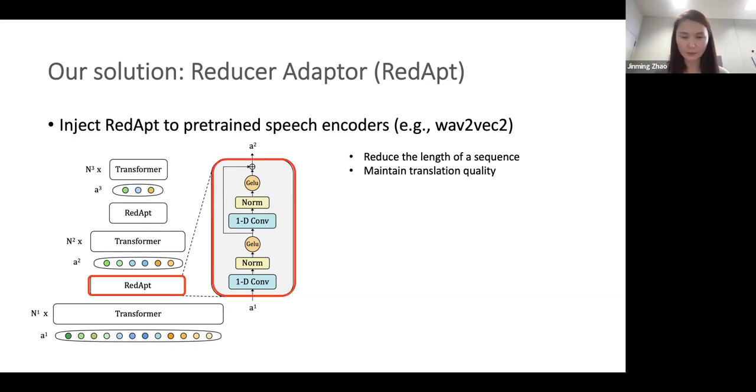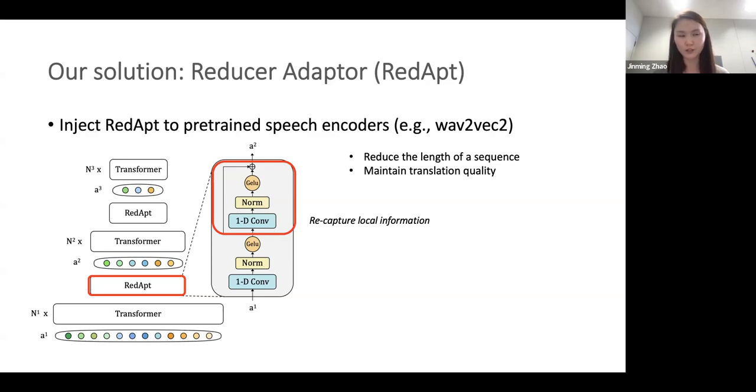Our RedApt is built on 2 CNN blocks. The first block is to compress a sequence by half. And the second block is designed to recapture local information. The intuition behind the second block is that certain information, for example, positional information, is lost during the pooling process.